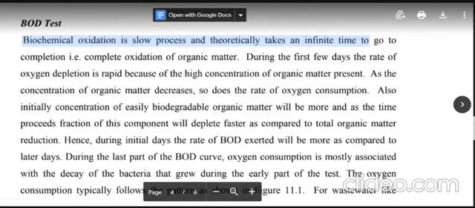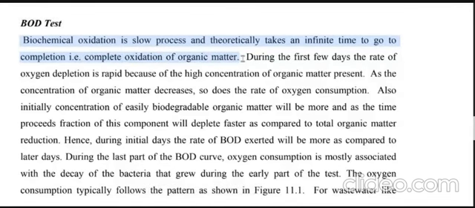But definitely there is continuously new organic matter present, new cells are generated, and they may get decomposed. So we don't know exactly when the oxidation stops. That's why we call it infinite time to reach completion of the complete oxidation of the organic matter.